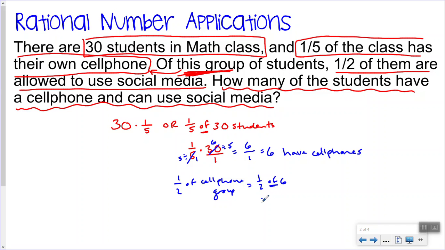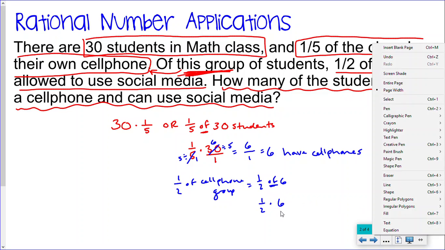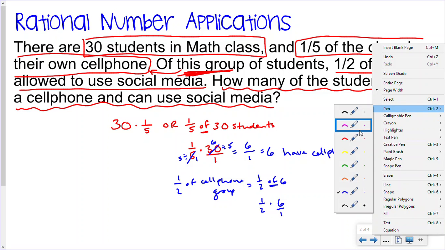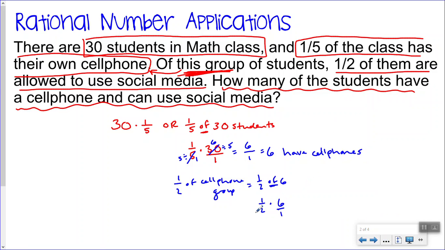Again, of is going to be multiply, so we have 1/2 times 6, and we can write that as 6 over 1. And again here, we can cross reduce. So we can divide by 2, divide by 2. 2 divided by 2 is 1, 6 divided by 2 is 3, and we get 1 times 3 is 3 over 1, or 3. So 3 students have cell phones and can use social media.